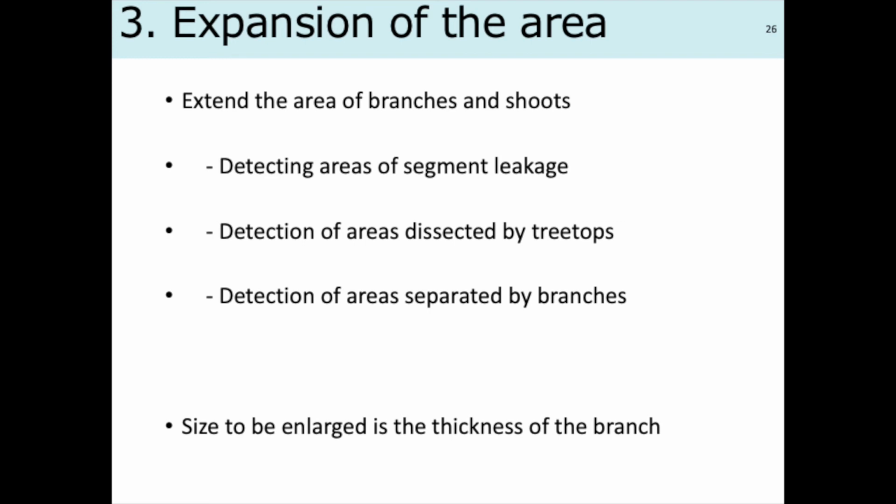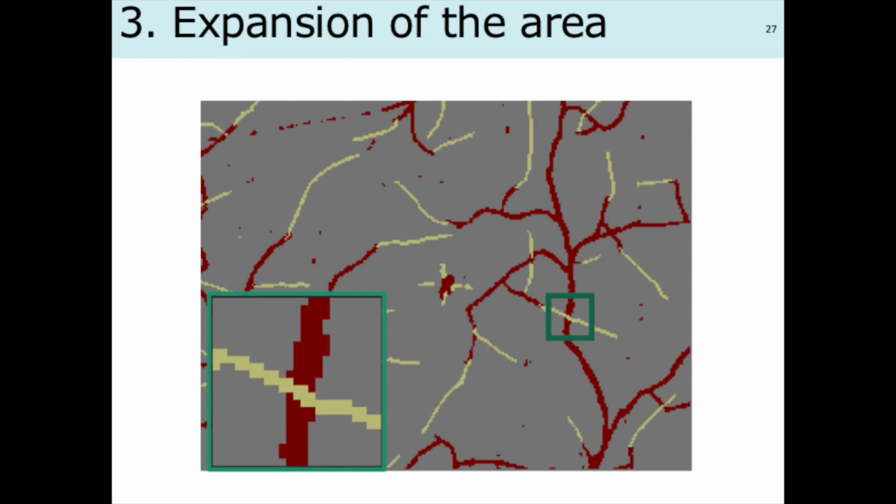In blue, if the enlarged pixel is gray, to detect areas of segmental leakage. And in light blue, if the enlarged pixel is red, to detect areas separated by branches. I'll use an enlarged image of the green circle area to illustrate this. Here's an enlarged image of the branch area.